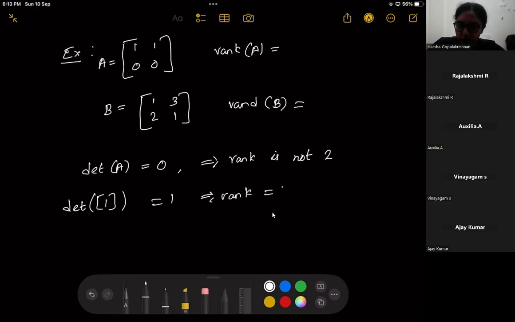So we got an order 1 minor whose determinant is 1, and there exists no order 2 minor which has non-zero determinant. Okay. So here the rank of A is 1. And what about the rank of B? Can anyone say?